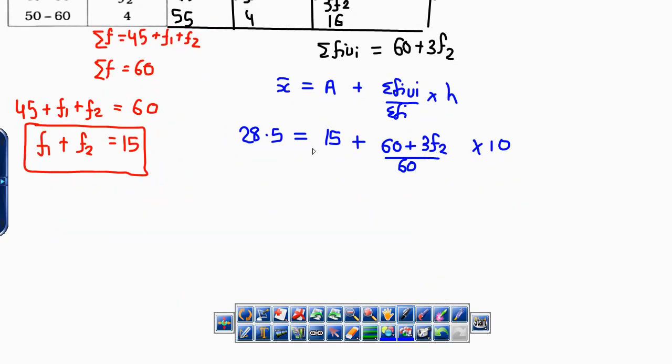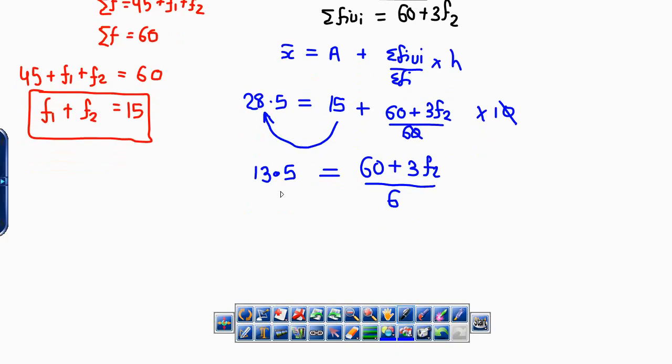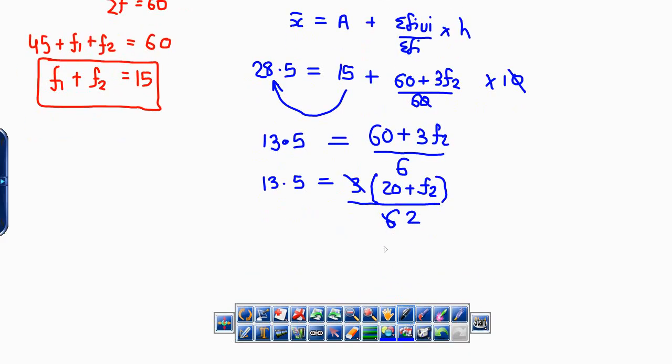First step, 15 को माइनस कर दो तो बचेगा 13.5. 0 0 कट, 60 plus 3f2 upon 6. Take 3 common, तो 20 plus f2 upon 6. 3 जानबूझ के बाहर निकाला क्योंकि मुझे दिख रहा था कि वो कट हो रहा है.